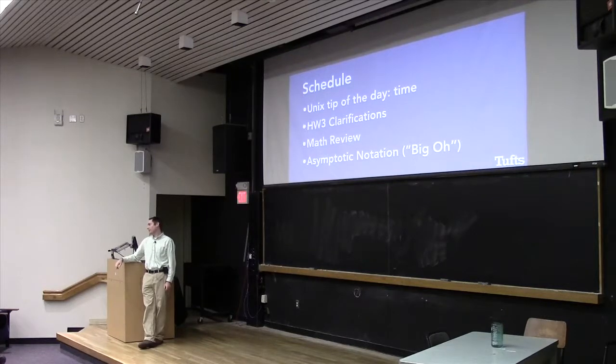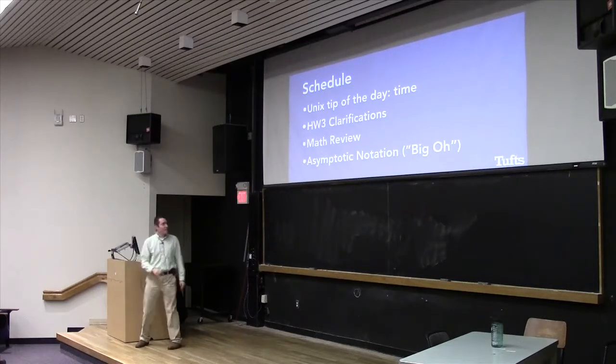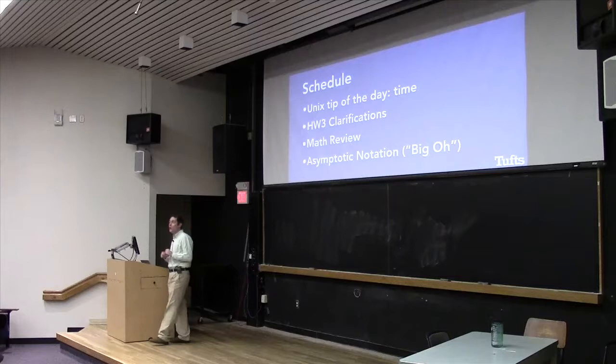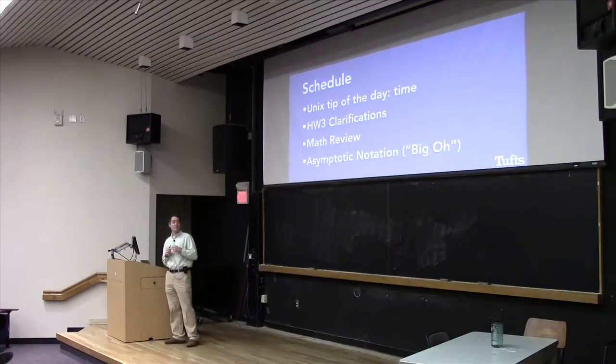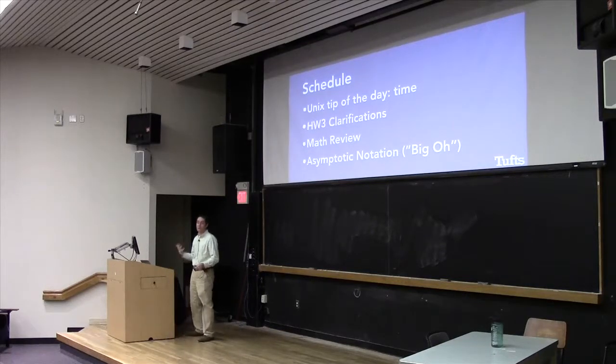I'm trying to make everybody happy. Then we'll go into big O notation, otherwise known as asymptotic notation, or the way we analyze programs to compare them and to talk about how an algorithm will actually run given bigger and bigger inputs.